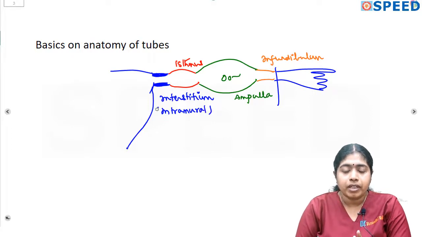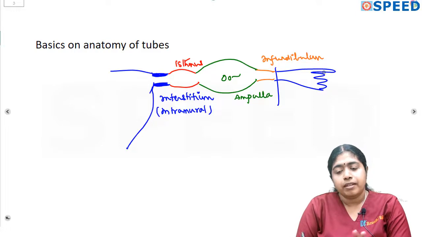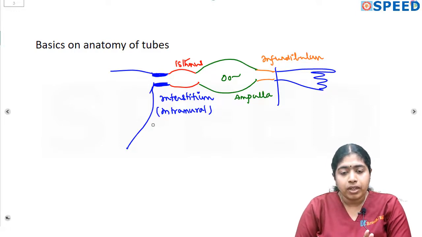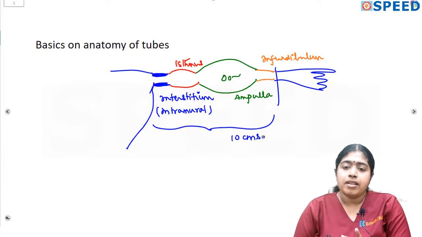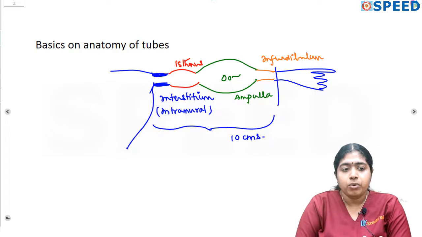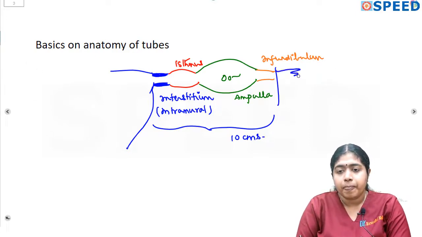Okay. Interstitium, isthmus, you have ampulla, you have infundibulum, and then the fimbria. Now when we take the total length, this is around 10 centimeters. So what is the length of the fallopian tube? If someone asks you, you can easily say it is 10 centimeters. Okay. Is that okay? 10 centimeters.